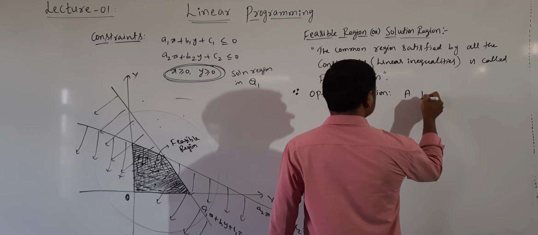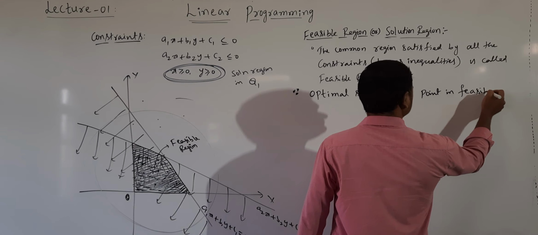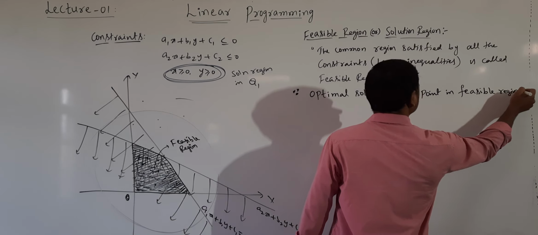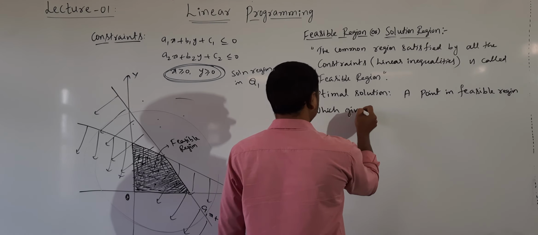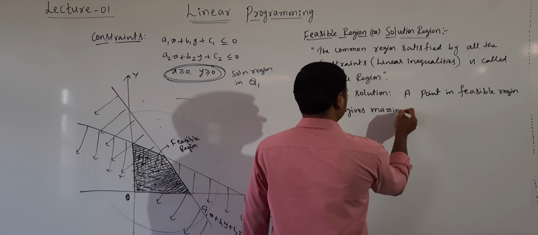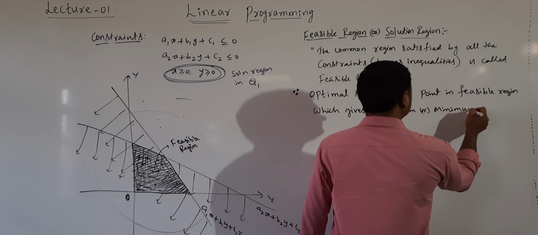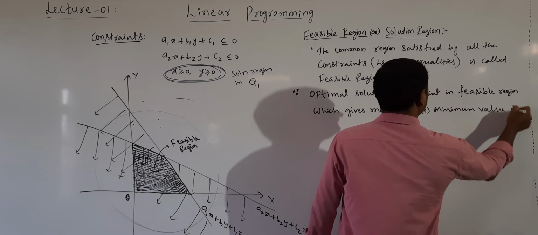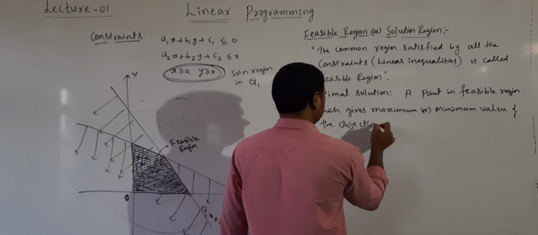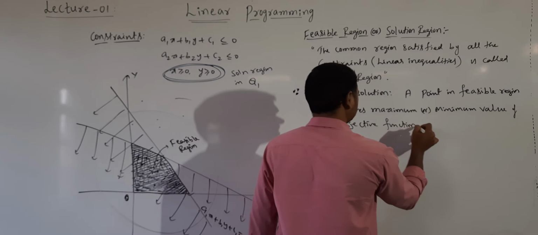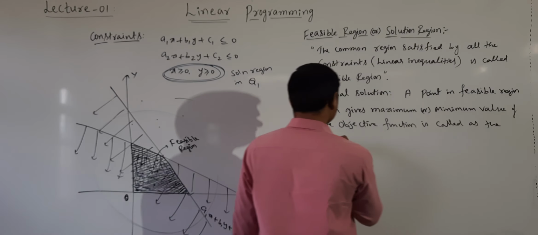A point in the feasible region which gives the maximum or minimum value of the objective function is called the optimal solution.